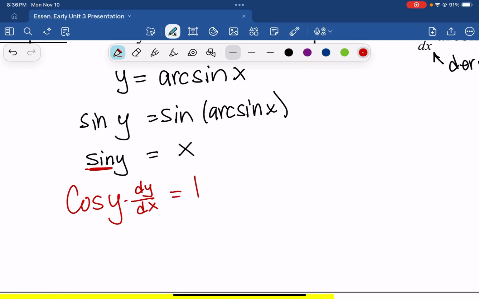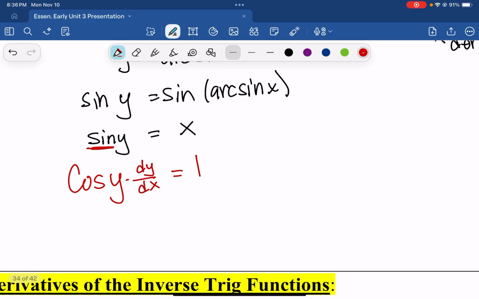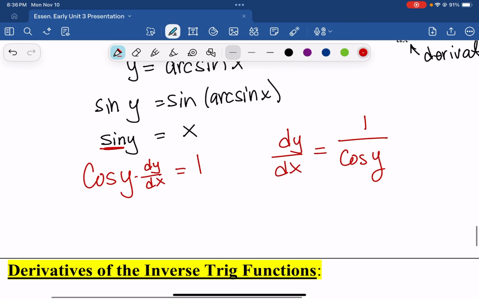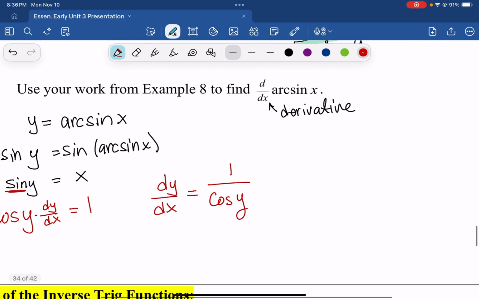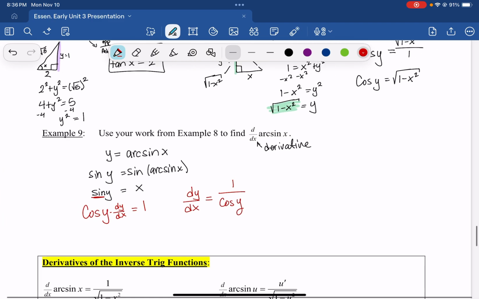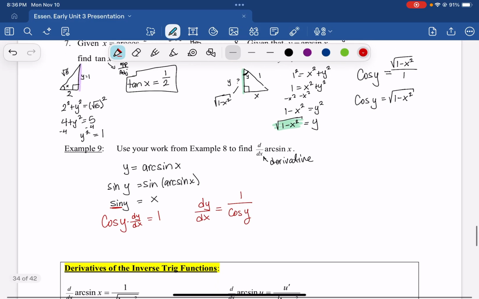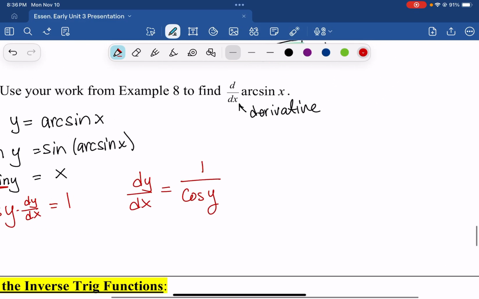So now I'm going to simplify and divide both sides by cosine y. So I get dy/dx is equal to 1 over cosine of y. Okay. But from up here in problem number 8, we said that cosine of y was the square root of 1 minus x squared.